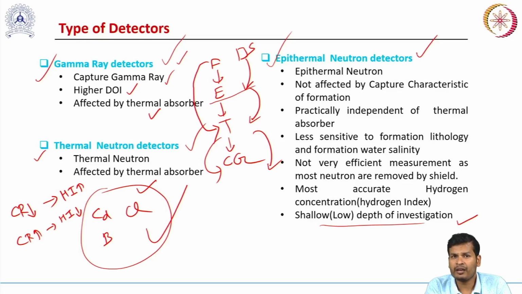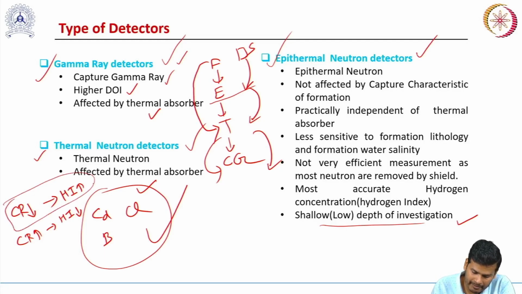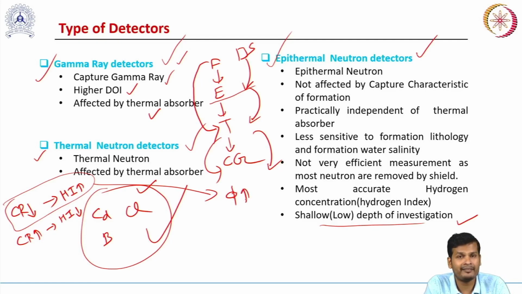So the count rate of thermal neutron at the detector will be very low. I will think that I have a very high hydrogen index, that means very high porosity. But that is not the case. If cadmium, chlorine and boron were not present, the count rate at the detector would still have been high, and we would have a hydrogen index which is less, representative of our actual formation. This way, cadmium, chlorine and boron can affect our thermal neutron population. Accordingly, porosity can be overestimated.